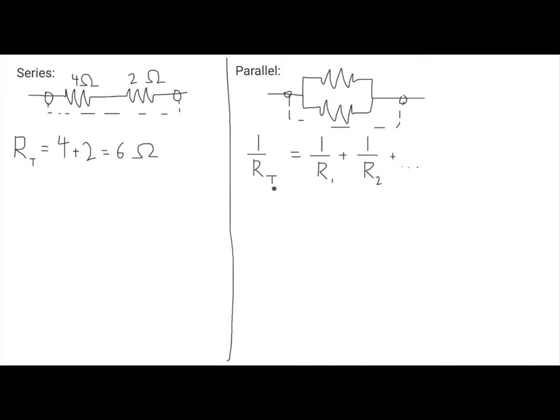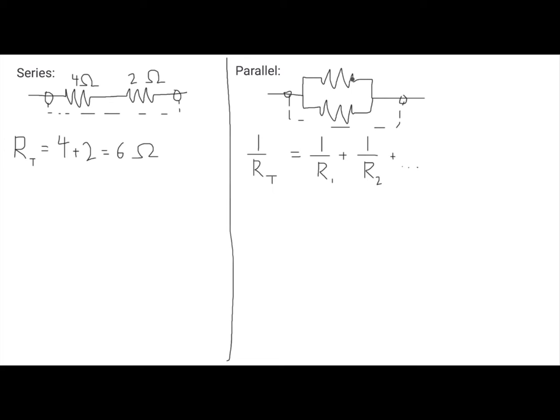The inverse of the total resistance is equal to the inverse of one of the resistors in parallel plus the inverse of the resistance of another resistor plus however many resistors you have in parallel. So in this case, only 2. However, this equation works for an unlimited amount of resistors in parallel.